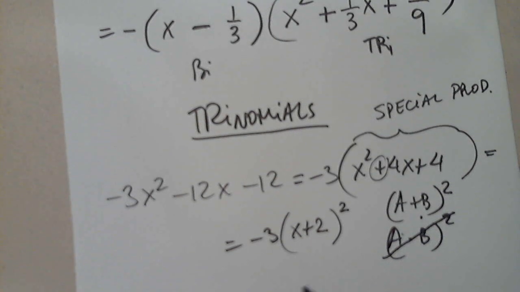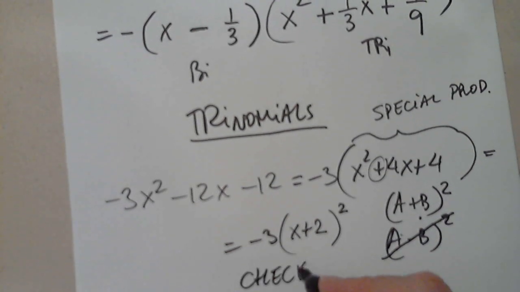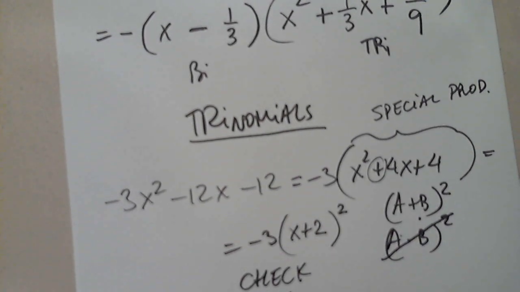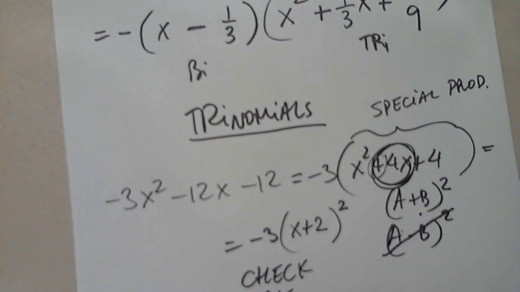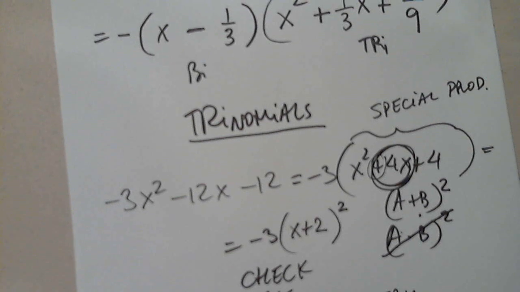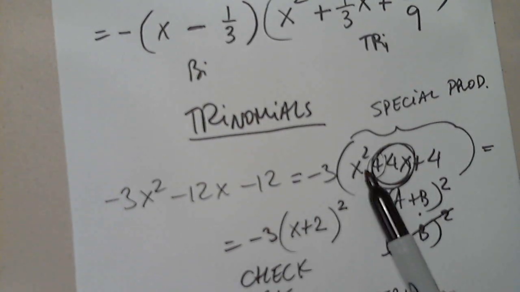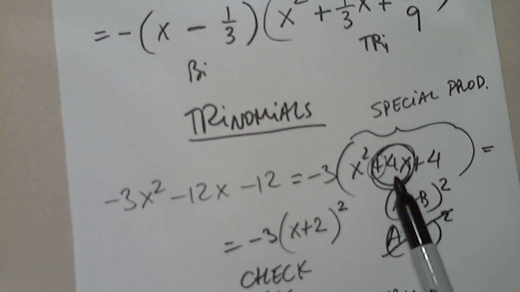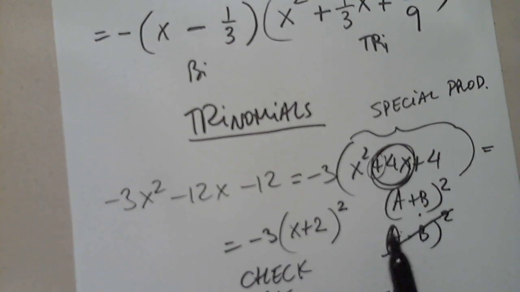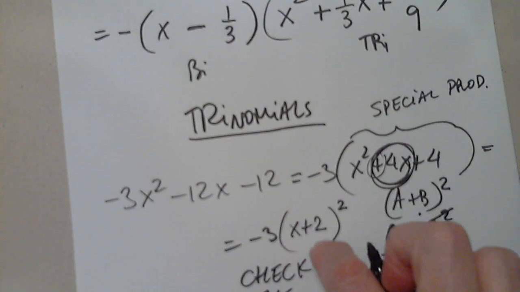We should always check the middle term. How do I check the middle term? Well, I know that x squared is x squared. I know that 2 squared is 4, but I have to check the middle term. 2 times the first times the second.